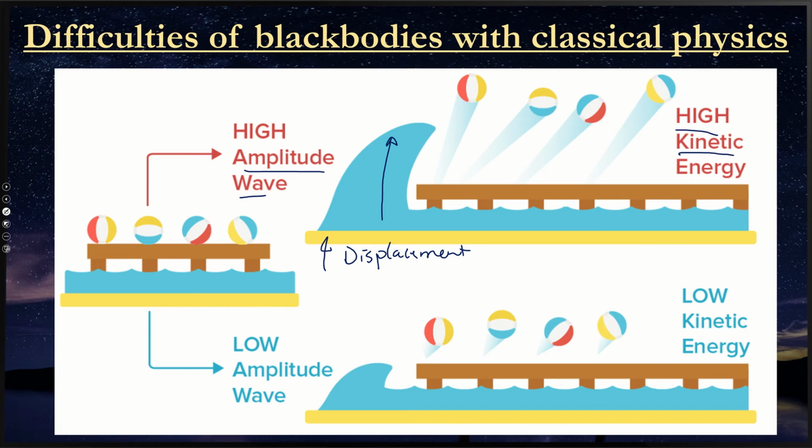So the higher the displacement or the greater the intensity of that wave, the more energy we associate with it. If we have a low amplitude, so a low displacement, that means the intensity of the wave is low, and we tend to associate that with low kinetic energy.